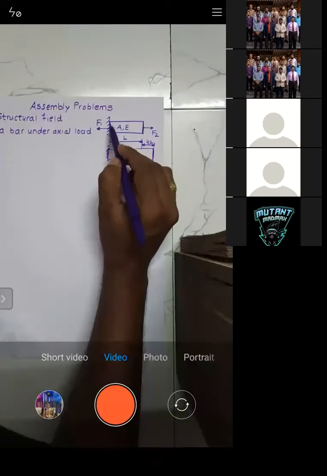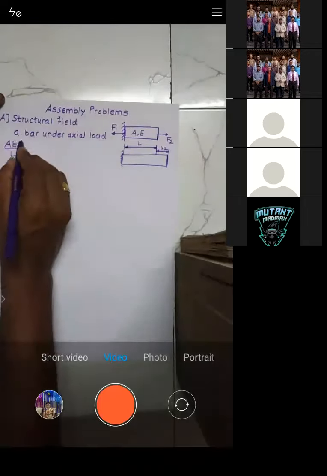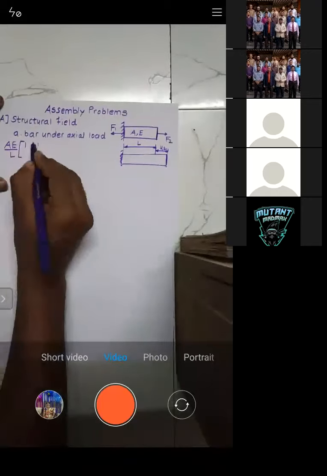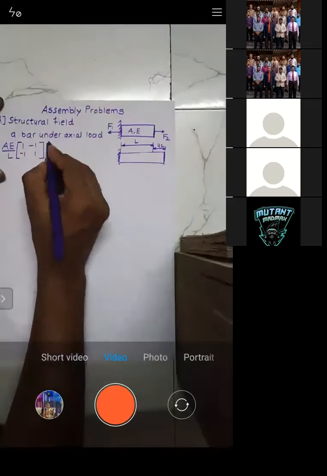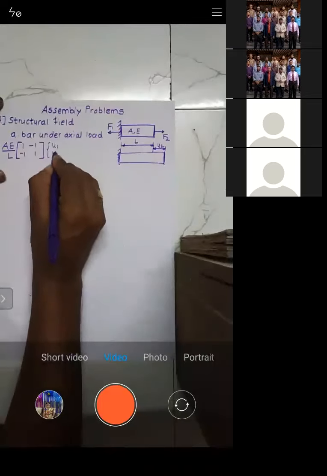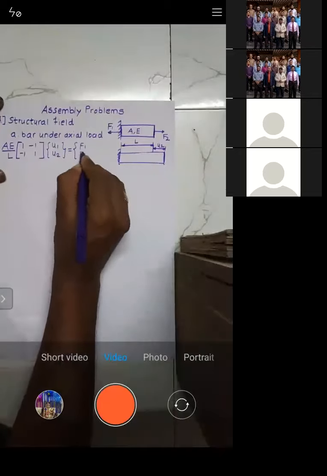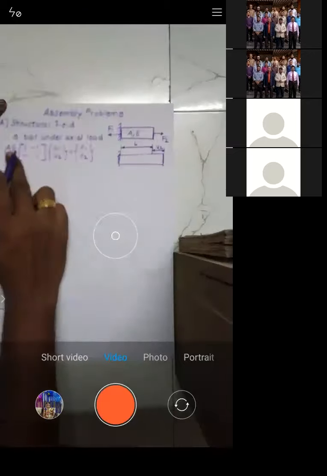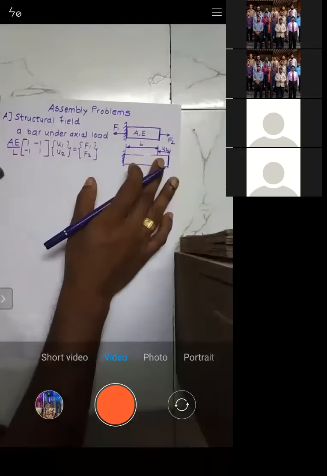So if I need to calculate the value of U2, how will I calculate it? It is given by this formula, try to understand: AE by L, [1 -1; -1 1], [U1; U2] is equal to [F1; F2].